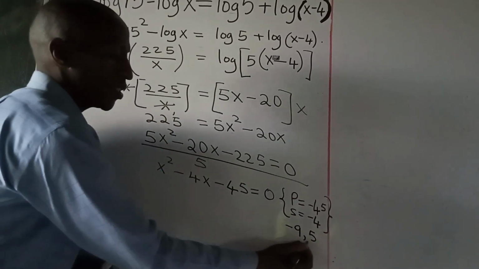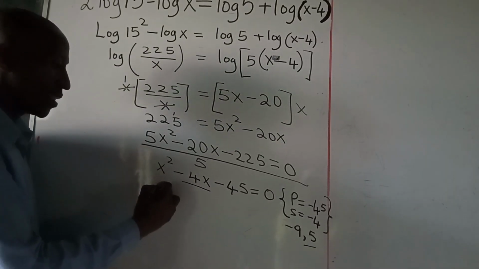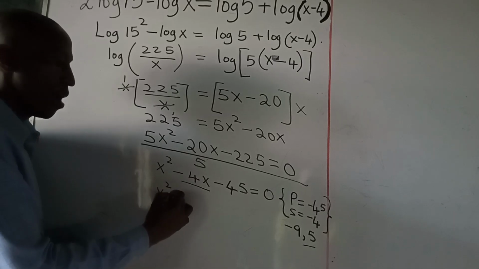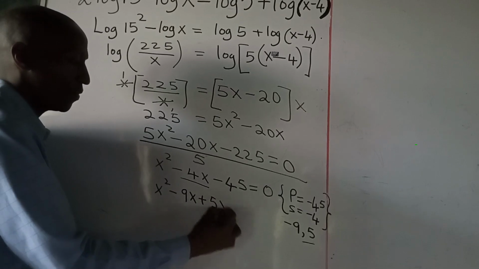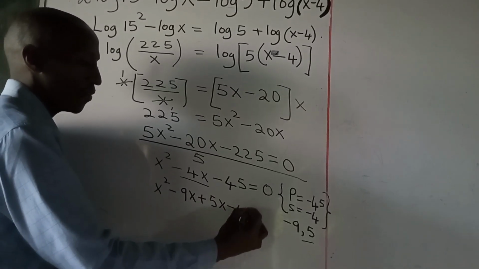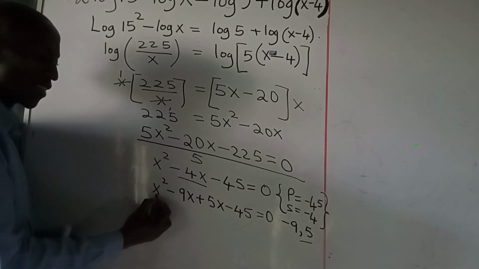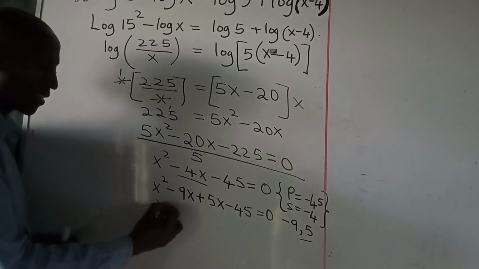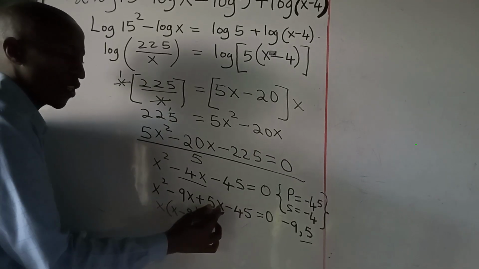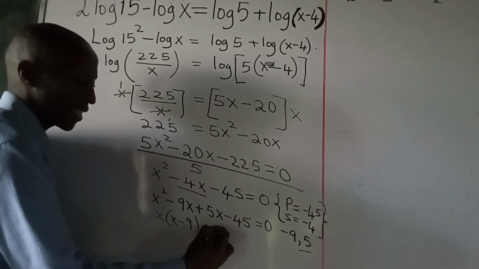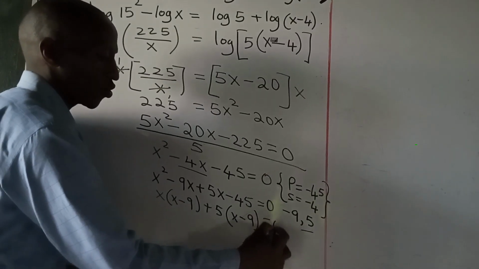So we bring in these two and substitute them at the middle term, and that gives us x squared minus 9x plus 5x minus 45 is equal to 0. Factorize what is common in x squared and in 9x, it is an x, and that gives you x minus 9. Then factorize what is common in 5x and in 45, that is a 5, and that gives you x minus 9, and that is equal to 0.